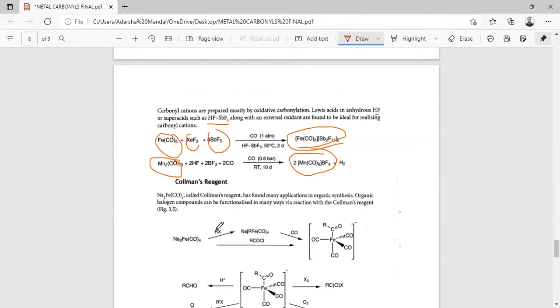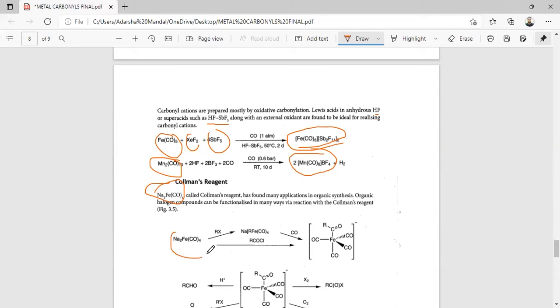Next, we will discuss the Collman reagent. Na2Fe(CO)4 is called the Collman reagent. This has important applications in organic synthesis. Organic halogen compounds can be functionalized in many ways via reaction with this Collman reagent.